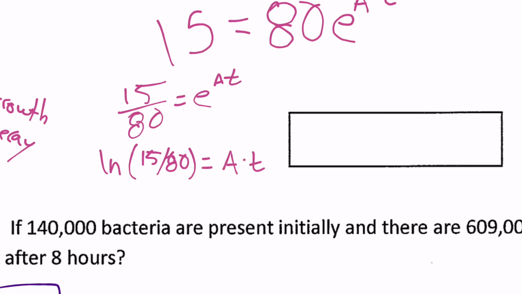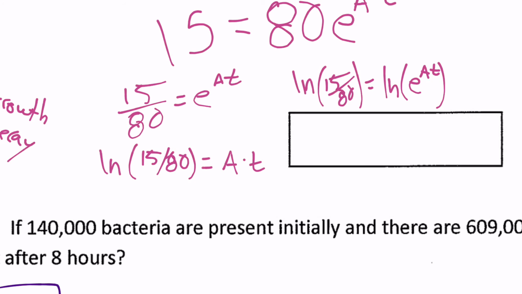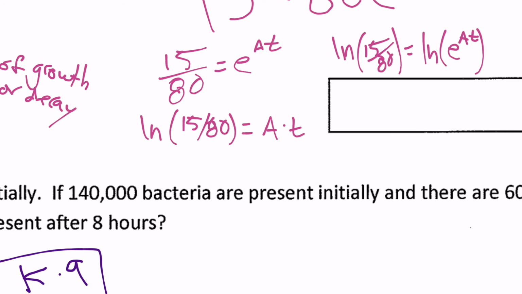If you don't see that, think about it like this. The natural log of 15 over 80 equals the natural log of e to the At. Well, you could bring the At down in front, and the natural log of e is just 1, because natural log is base e. So it's saying e to what power is e? Well, e to the first is e. So either way, we get this equation right here.